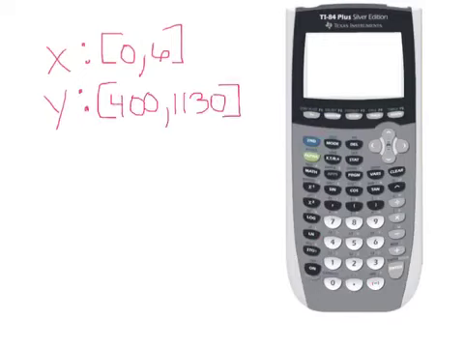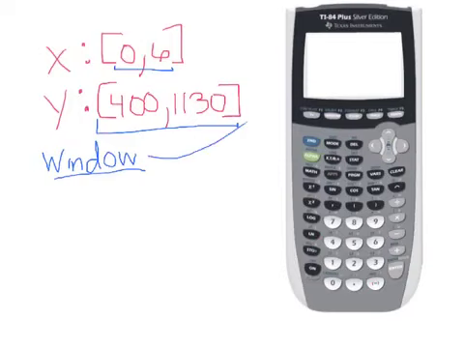All our bacteria count was between 400 and 1130, and our number of hours was between 0 and 6. So we need to choose an appropriate window. To change my window, I'm going to press the window button right here on my calculator.